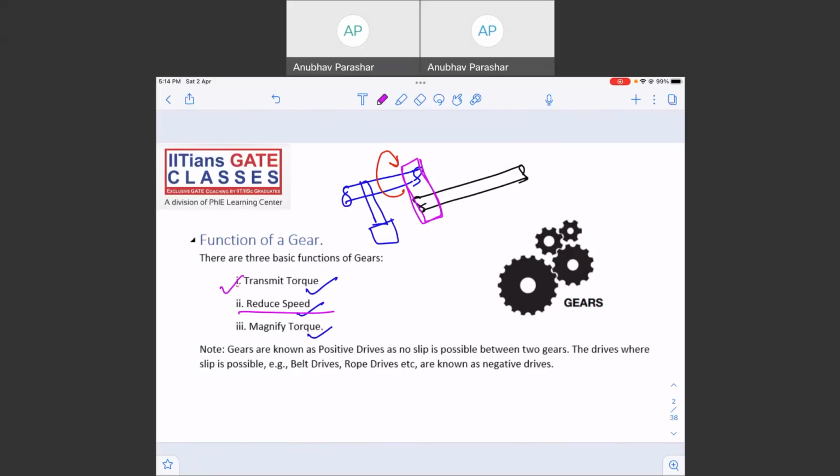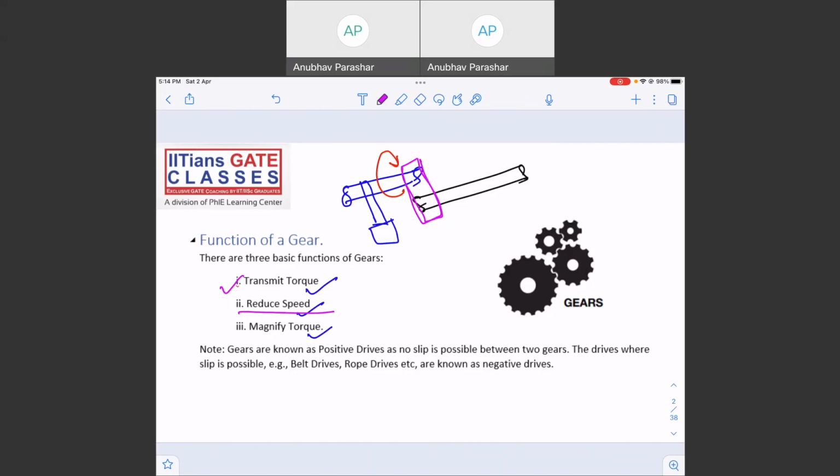Similarly, we can also magnify torque. I'll take the simple example of a vehicle, be it a 4-wheeler or a 2-wheeler with gear. If you have ever happened to drive a 2-wheeler or 4-wheeler with gear, right? Nowadays there are gearless automatic transmissions also available, but what we are talking about is the one with gears.